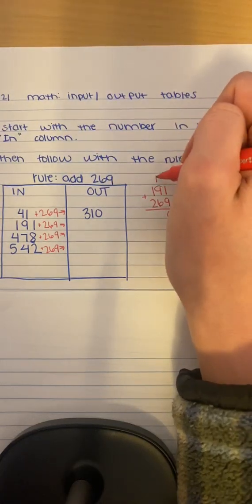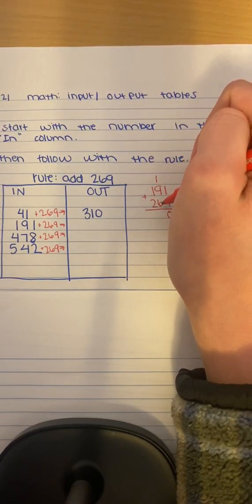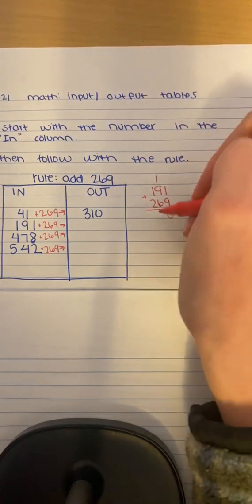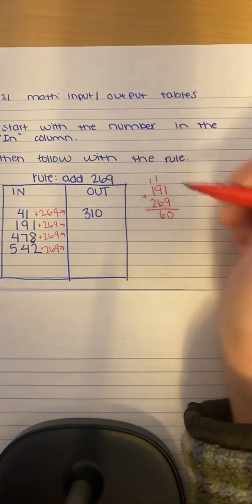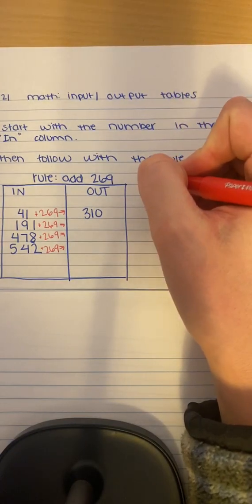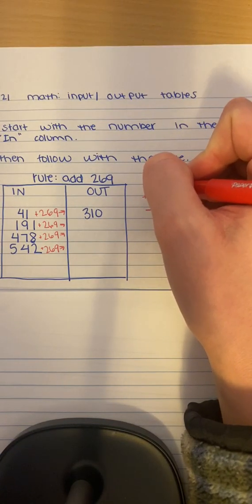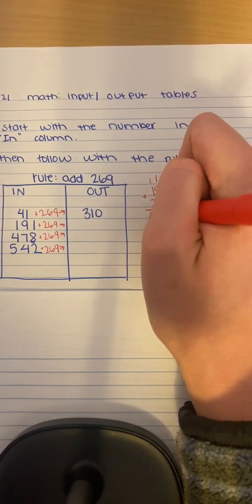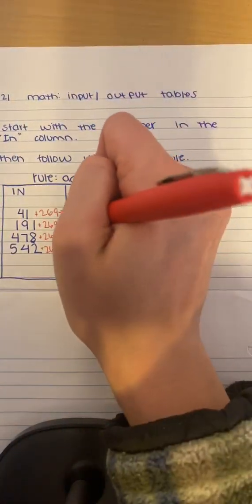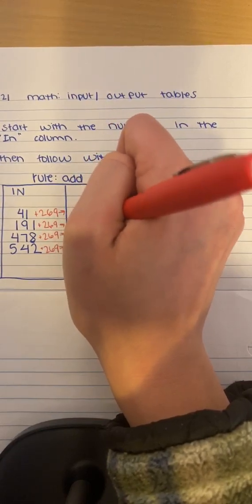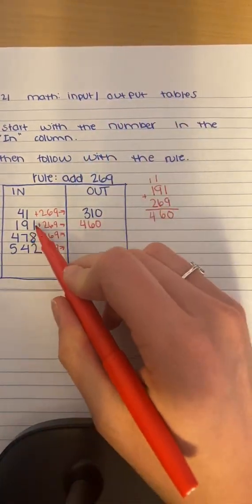So let's see, 9 plus 1 is 10, 10 plus 6 is 16. So I have to put my 6 here and my 1 also carries over. Now I have 1 plus 1 is 2, 2 plus 2 is 4. So now I know the answer is 460. That would go right here because I just added 269 to 191.